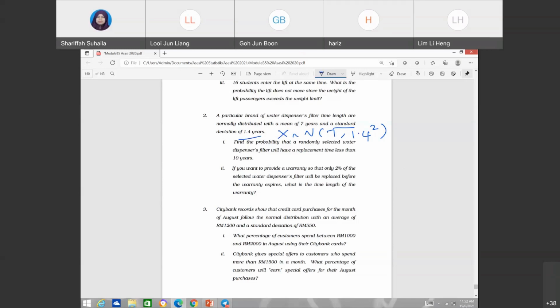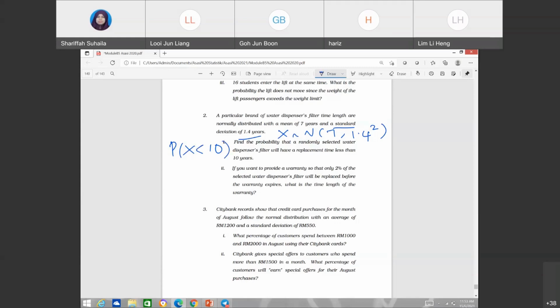Okay, so again, this one, you want to find the probability. The first one is as usual. Find the probability that a randomly selected water dispenser will have a replacement time less than 10. That means you want to solve probability X less than 10.